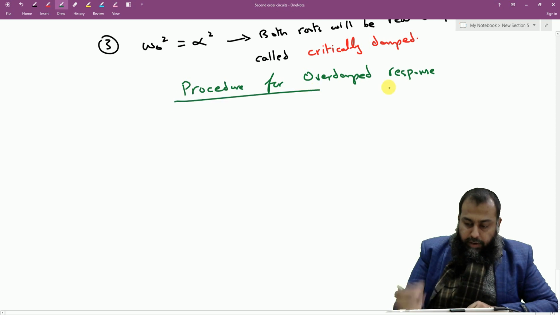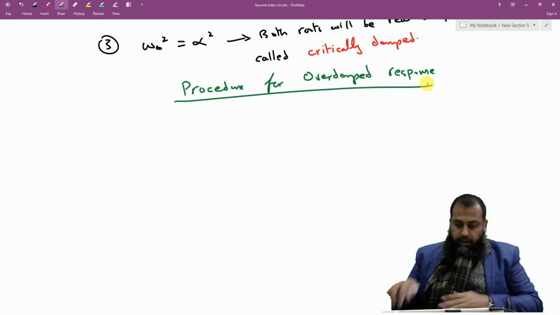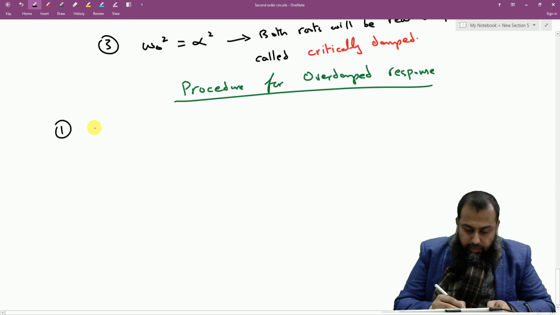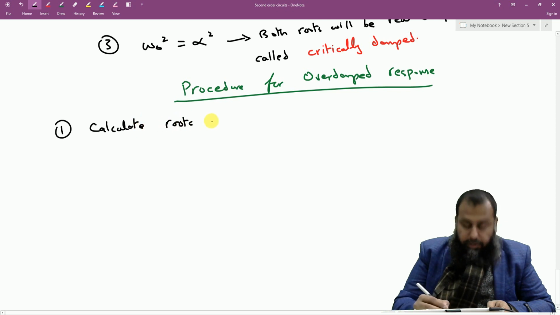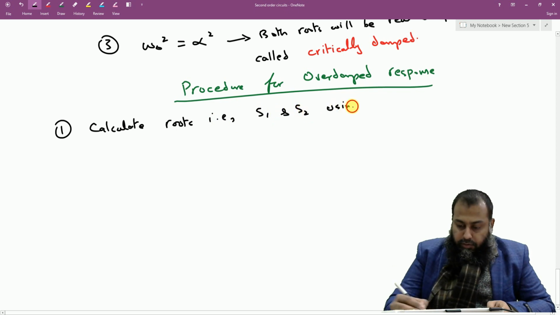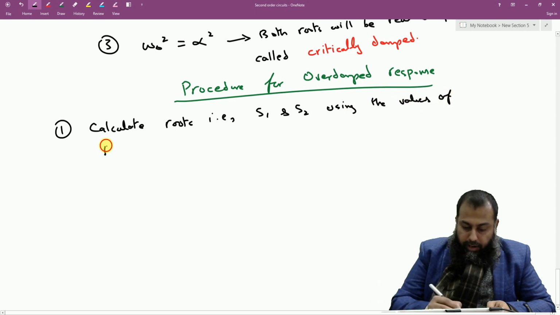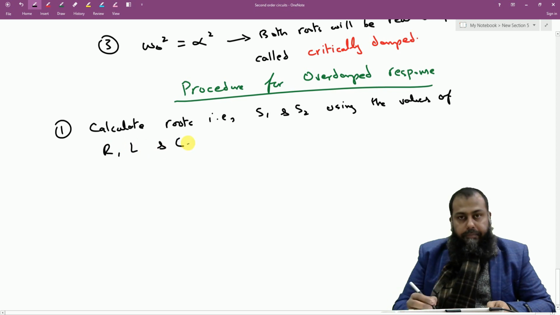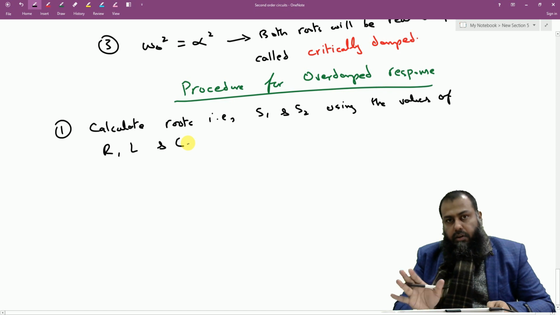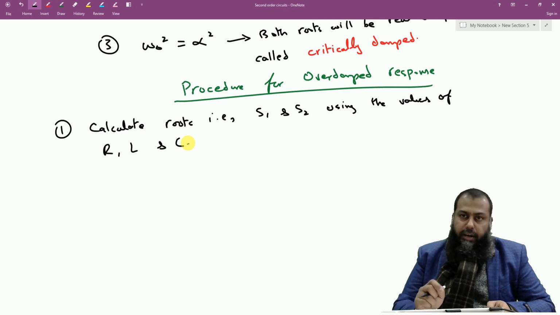The procedure for the overdamped response is quite simple. The first step is that we shall calculate the roots of the characteristic equation, that is S1 and S2, using the values of R, L, and C. After we have calculated the roots, we can establish whether it is an underdamped, overdamped, or critically damped response.